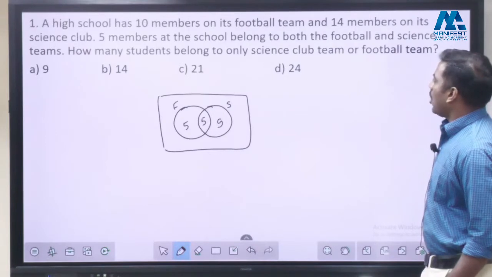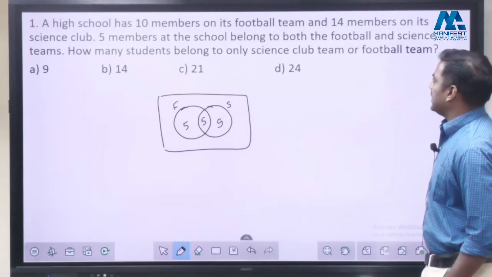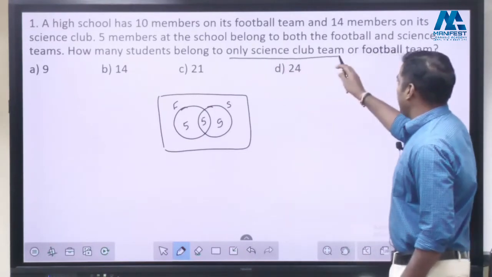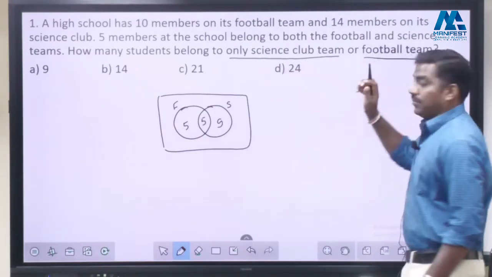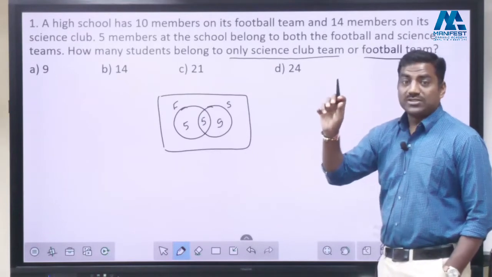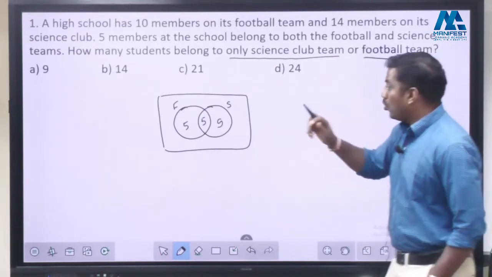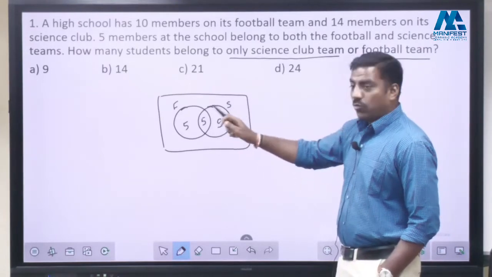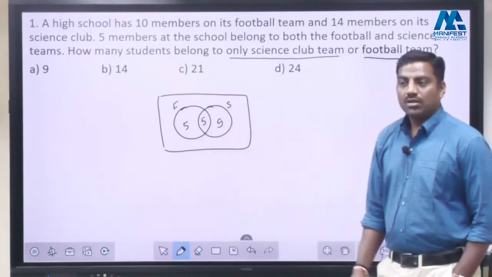Then what they are asking, how many students belong to only science club team? See, only science club team or football team. They are asking the exclusive. Only science, how many? 9. Only football? 5. Total? 14.